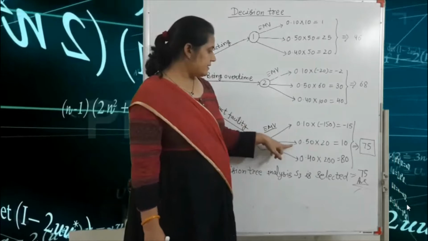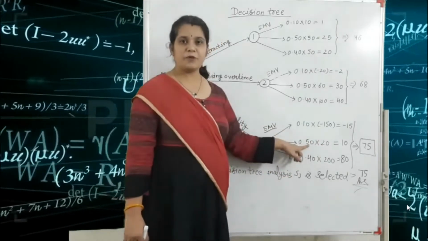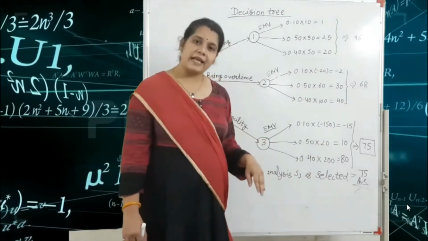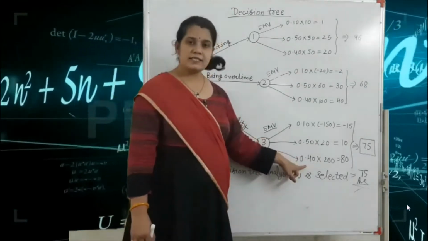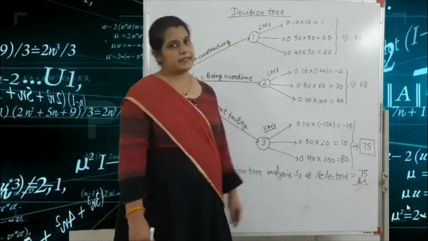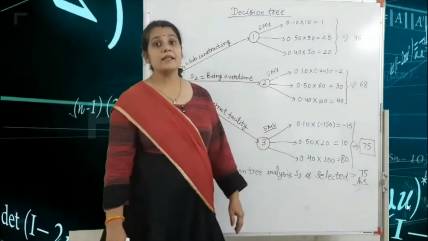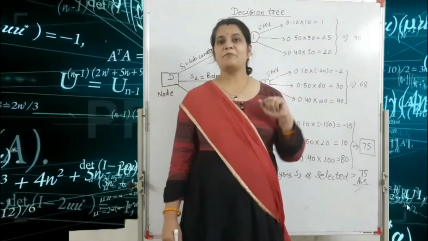Second is 0.50 into 20, that is 0.50 is probability, into 20 is equal to 10. And third one is 0.40, this is the probability, into 200 is equal to 80. So the sum of all these values we get 75. Okay, so this is our second point.